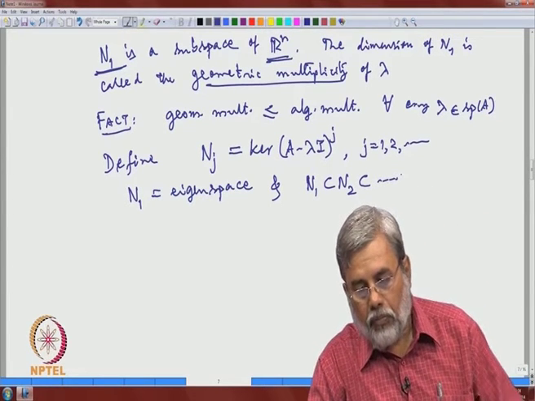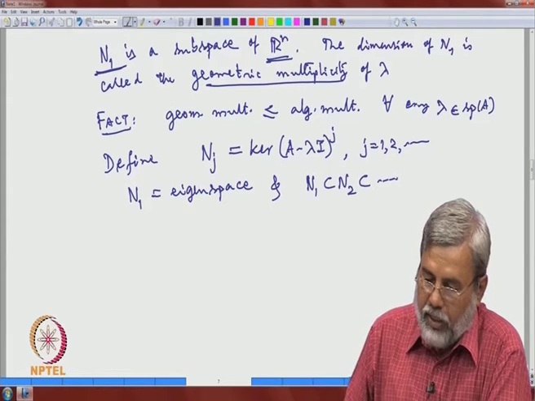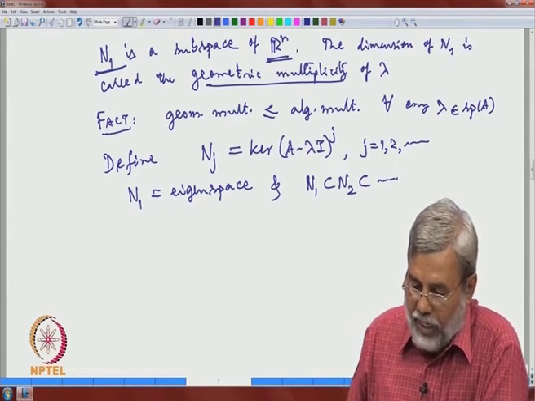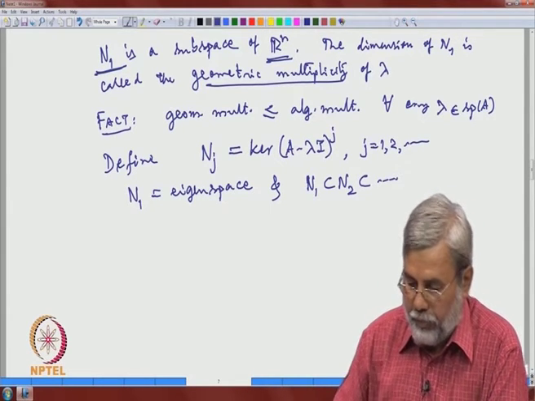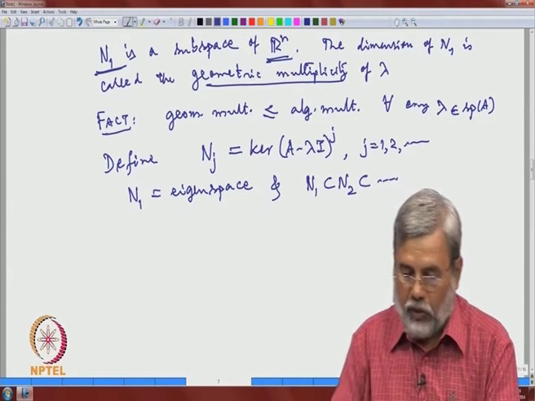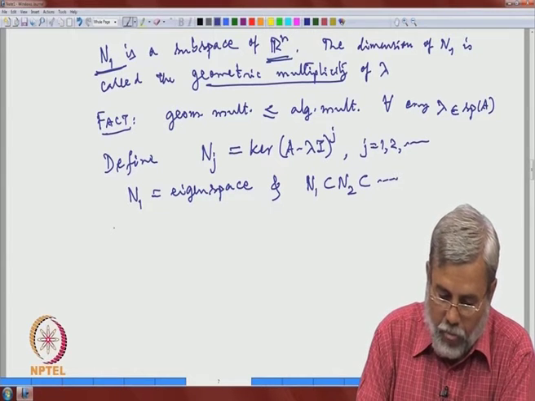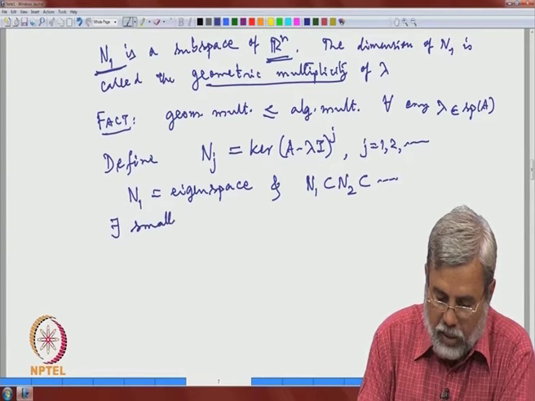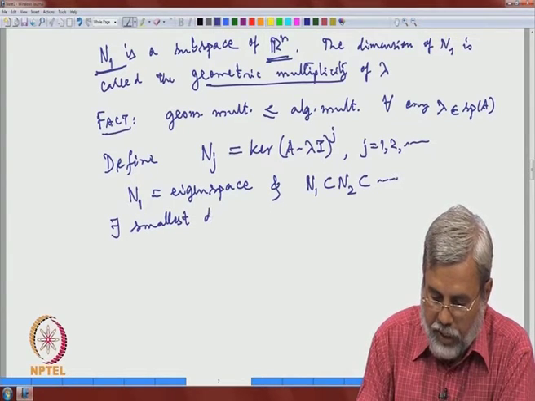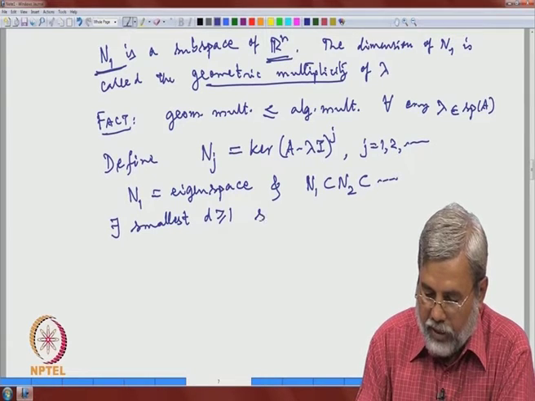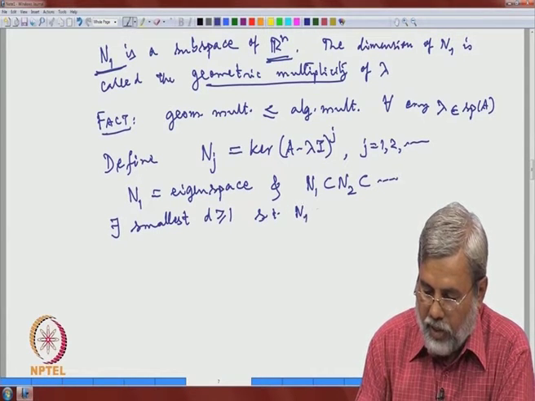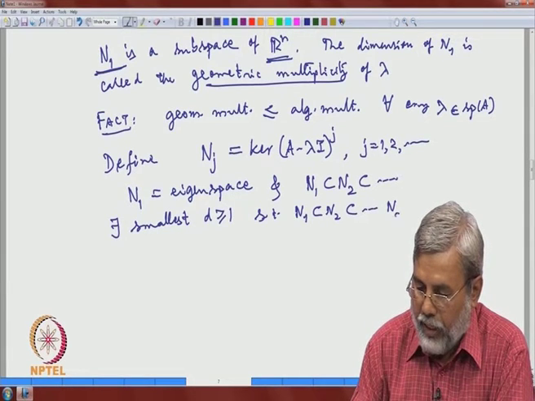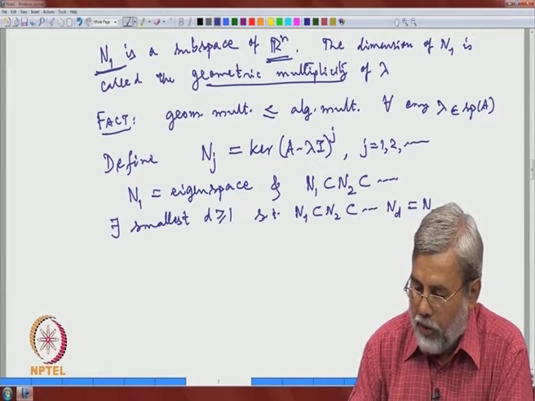Okay, it's very easily checked that this is an ascending chain of subspaces, and since we are in a finite dimension, this chain cannot continue for long. So, there exists a smallest d bigger than or equal to 1 such that N1, N2, ..., Nd, after which they are all equal.